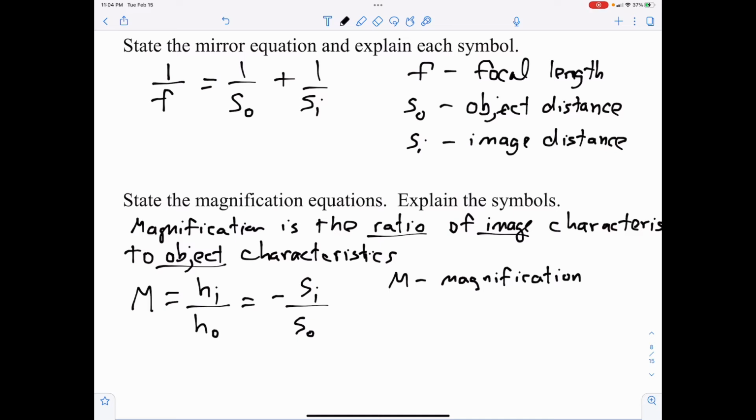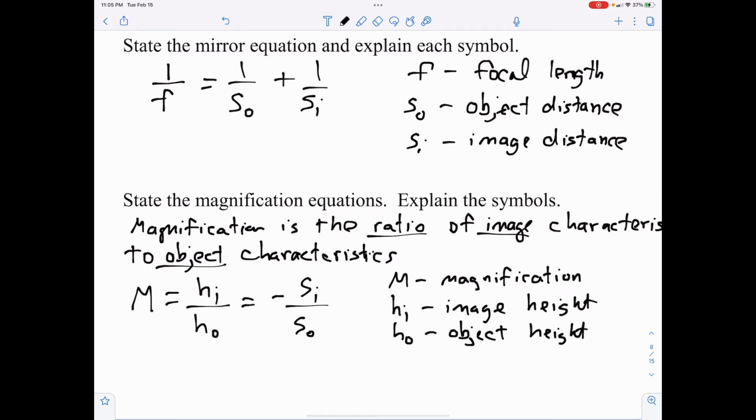So magnification is, again, that ratio of how the image looks compared to the object. Image to object characteristics. So M is magnification. HI is image height. Okay, it's the actual height of the image. HO is object height. Okay, you already know SI and SO.